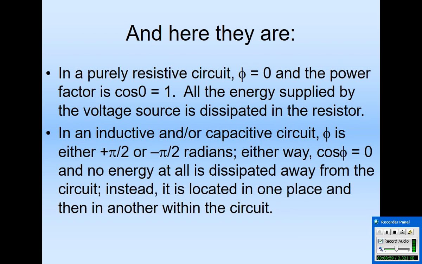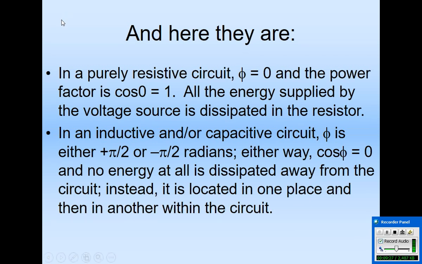At the other extreme, we could have a circuit that is purely inductive or purely capacitive, or just one, or a combination of the two. In that circumstance, the phase shift is either positive pi over 2 or negative pi over 2, and the power factor is 0, and there would be no energy dissipated away from the circuit.